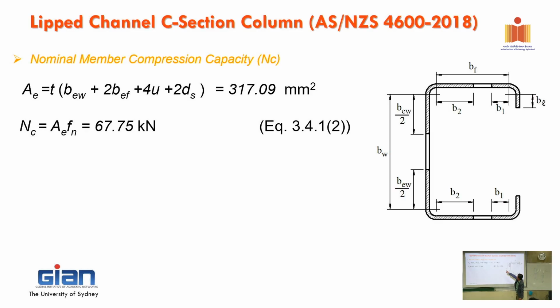Then you get the effective area equal to 318 millimeters square. And simply you multiply this by the Fn, that is 213, remember the critical stress that we calculated. Then you get the Nc, that is the nominal capacity of the column.